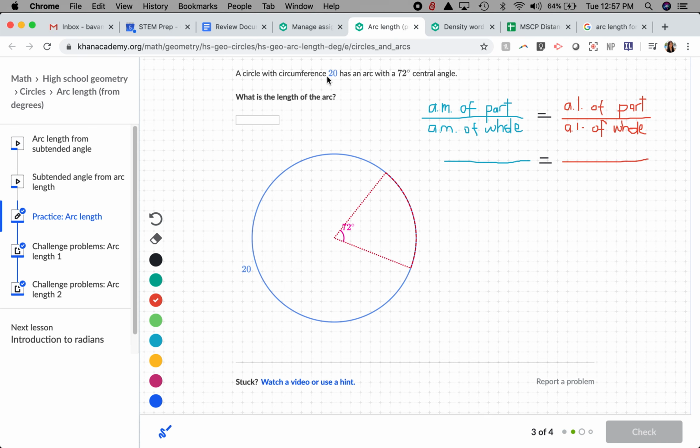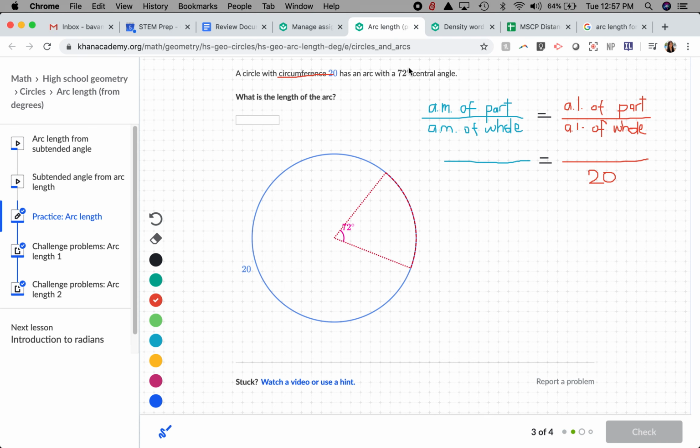So 20 is the circumference. Remember that any circumference is just the same as the arc length of the whole circle. So I'm going to put 20 right here. That means that this distance all the way around is 20 units long.